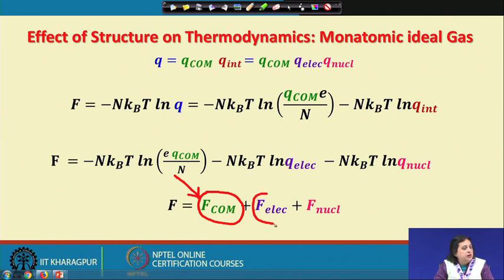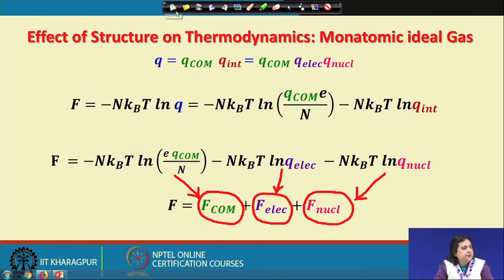Now, there is some contribution of the electronic structure to the overall Helmholtz free energy, and that is defined like this. And finally, there will be some contribution to the overall Helmholtz free energy from the underlying nuclear structure, which is related to this term.